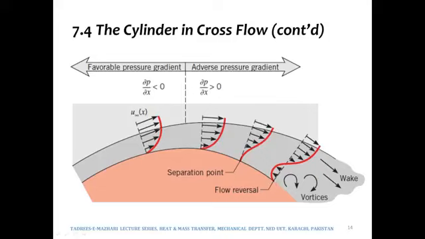Due to this flow reversal process, the boundary layer would then be made in the opposite direction, and then it will attain its original shape. In this region, the majority of the velocities would be in this direction. However, over here, due to the formation of vortices, a process of flow reversal will take place.